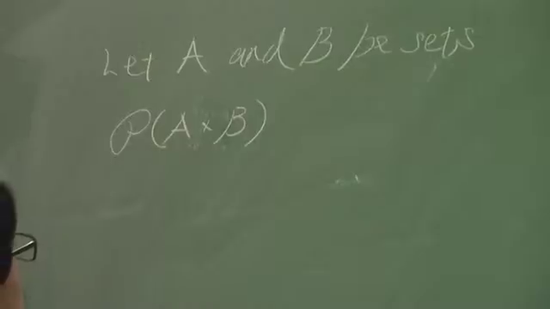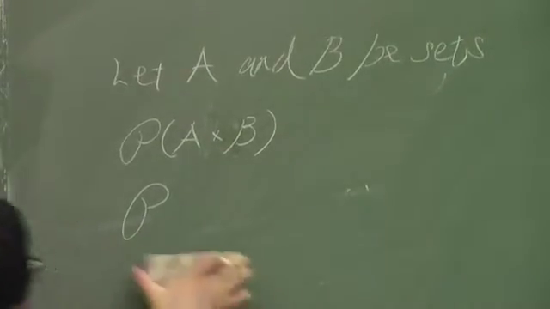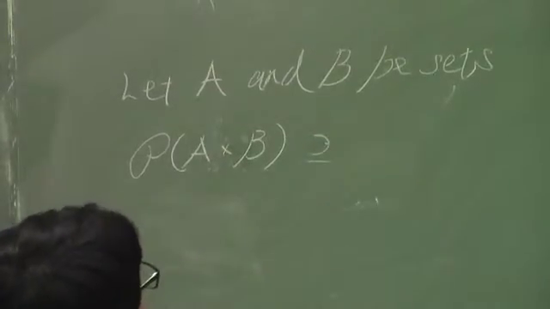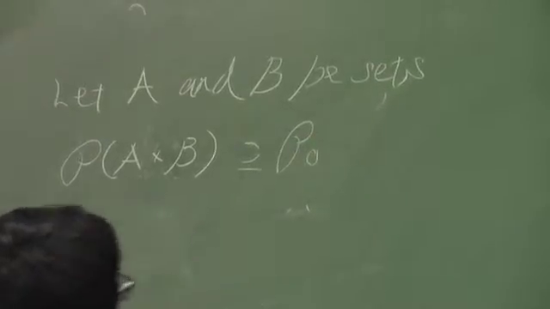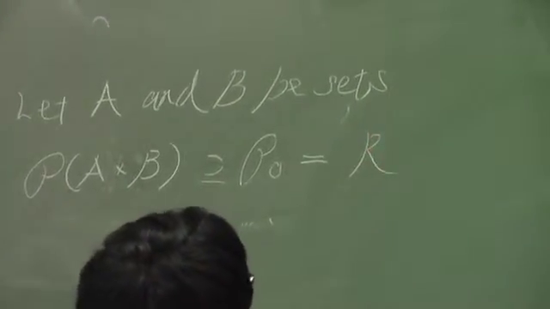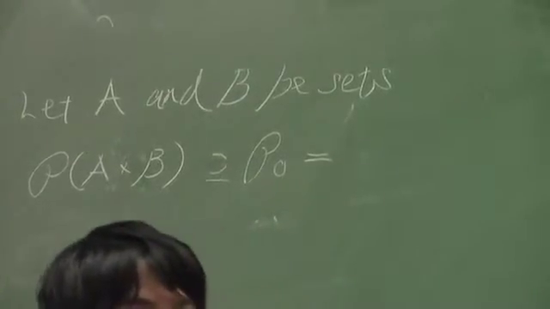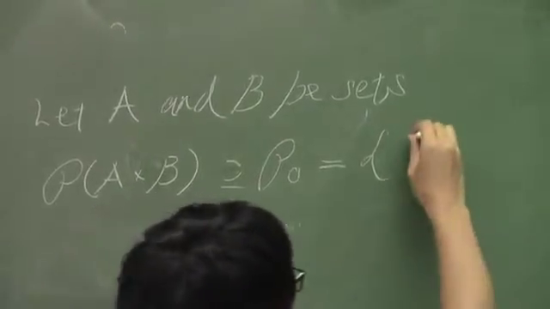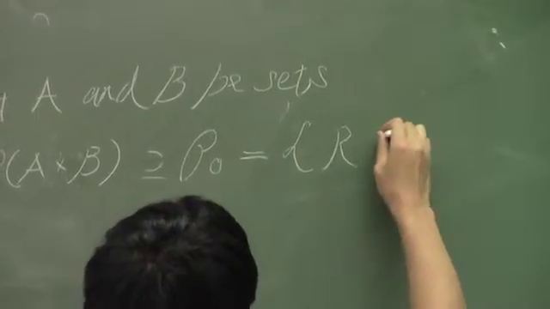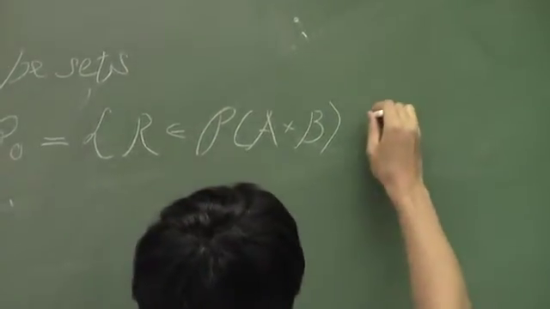So let's call it P0, which is equal to the set of R in P of A cross B such that R is injective and well defined.